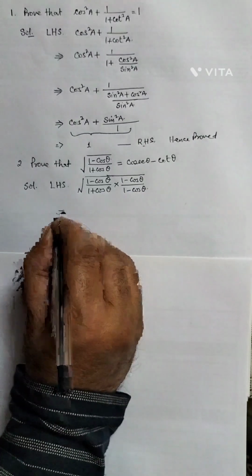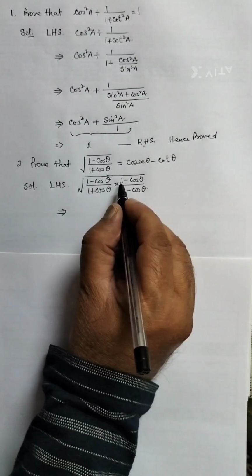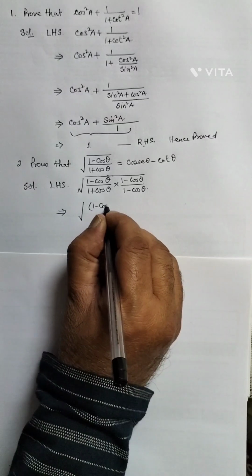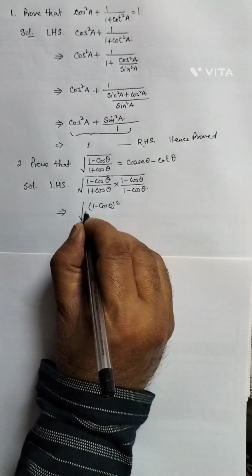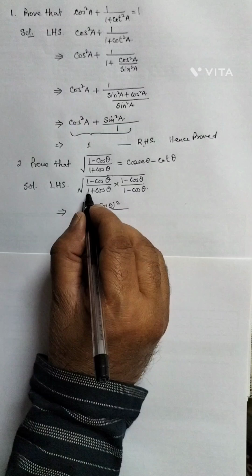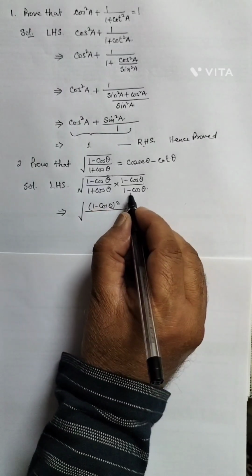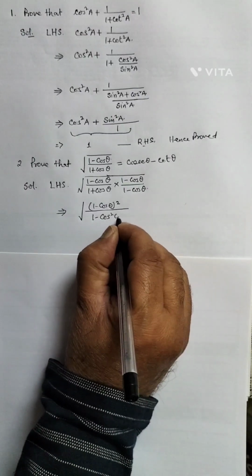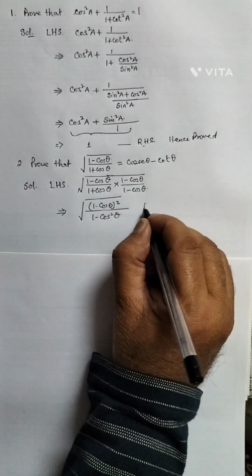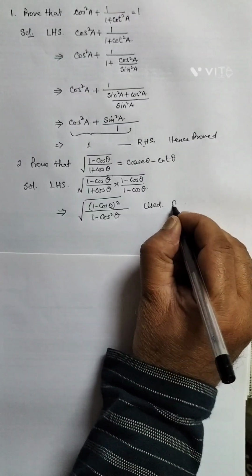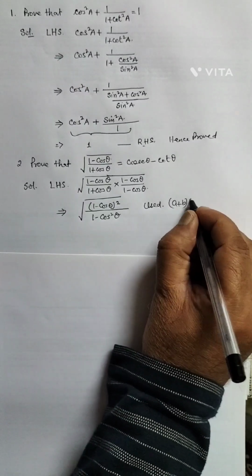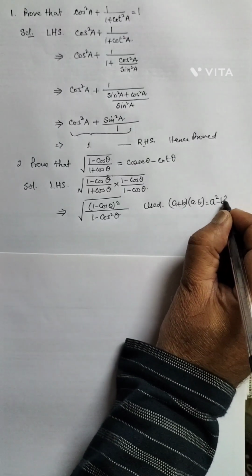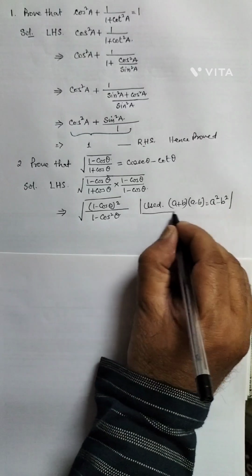Now next step, 1 minus cos theta times 1 minus cos theta becomes 1 minus cos theta the whole square, and denominator 1 plus cos theta times 1 minus cos theta is 1 minus cos square theta. Here we have used a plus b times a minus b is a square minus b square. This identity we have used here.